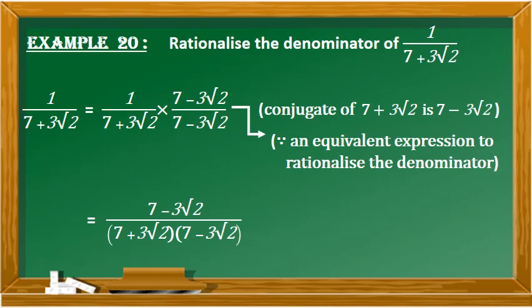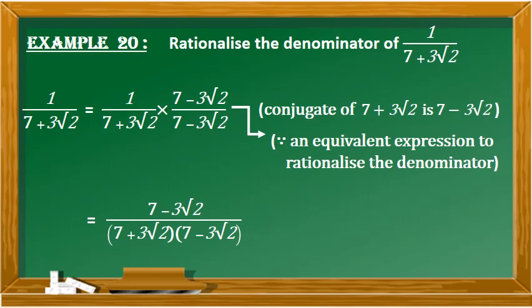So you have got an equivalent expression to rationalize the denominator. Now the next step becomes 1 into (7 minus 3 root 2) is 7 minus 3 root 2, by multiplying the denominators, 7 plus 3 root 2 into 7 minus 3 root 2. The denominator is in the form of (a plus b) into (a minus b).